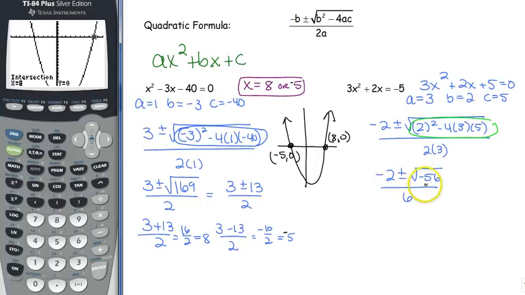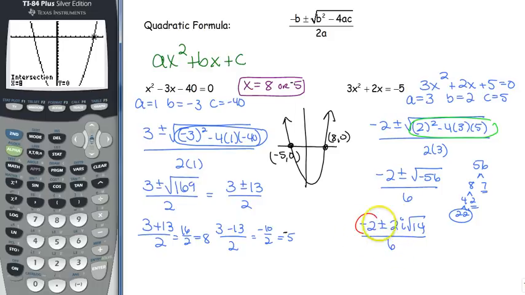Now, if I have a negative inside my square root sign, I know that I have imaginary numbers. I break down 56. We've got 8 and 7, 4 and 2, 2 and 2. So that becomes a negative 2 plus or minus 2i on the outside, 14 left over on the inside, with a 6 on the bottom.